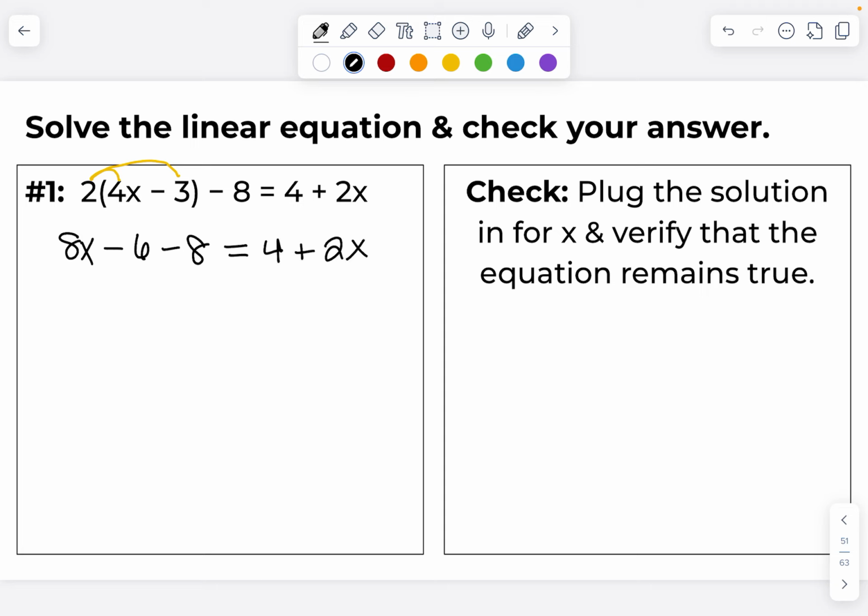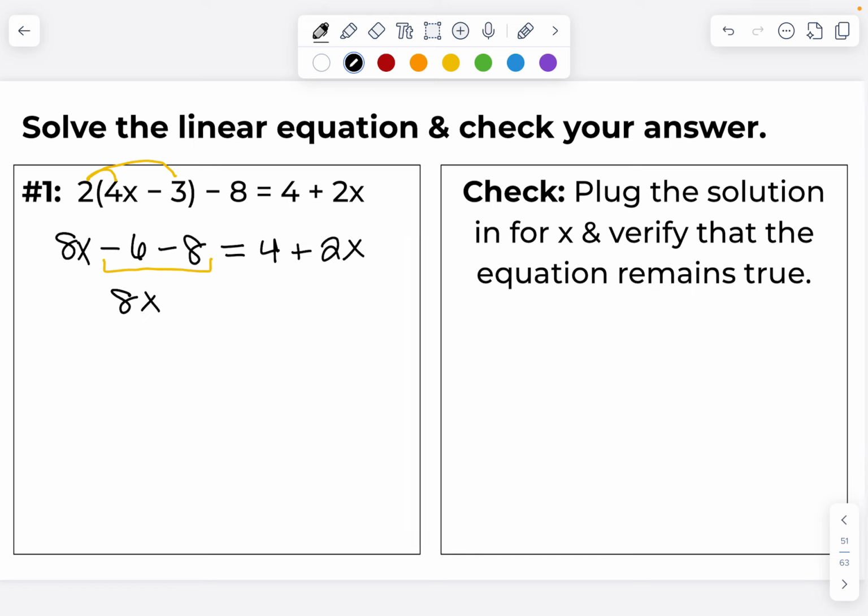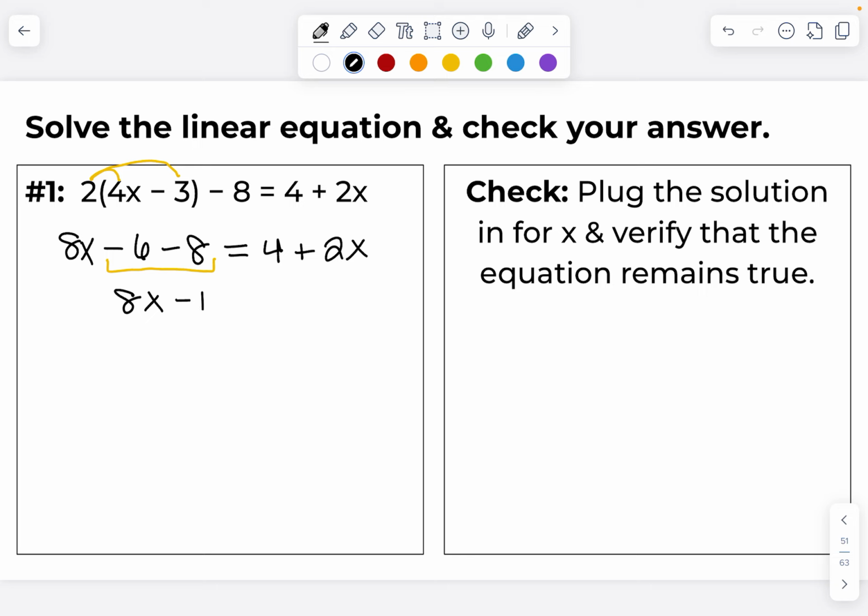Now I want to look for any like terms that can be combined. Hopefully you notice you have a negative 6 and a negative 8, so we can combine that. Negative 6 minus 8 is going to give me a negative 14. And then I'm going to bring down the right side of my equation as is.